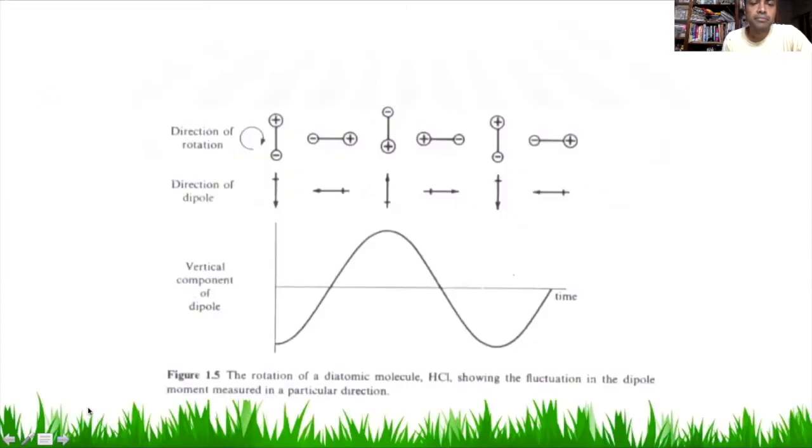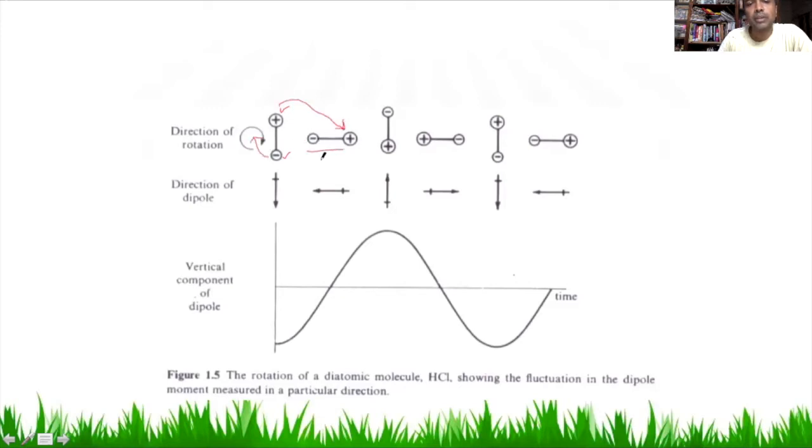So all molecules may have a dipole moment. Based on the dipole moment, they are considered as plus and minus, as shown here. If the top part of the molecule is positive, then the bottom will be negative. Similarly, when it rotates, the plus comes to here and the minus goes here.